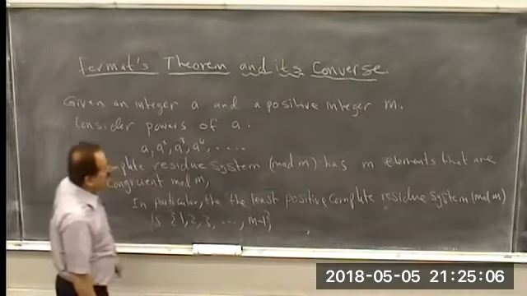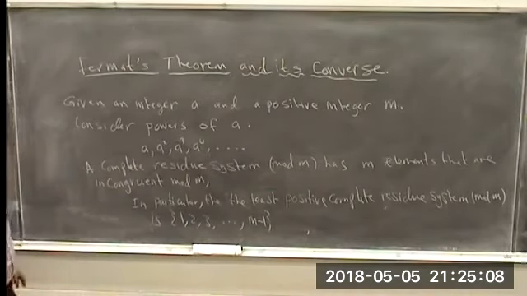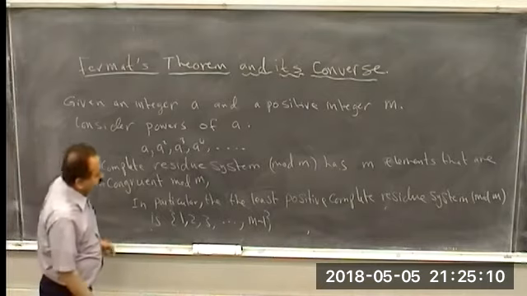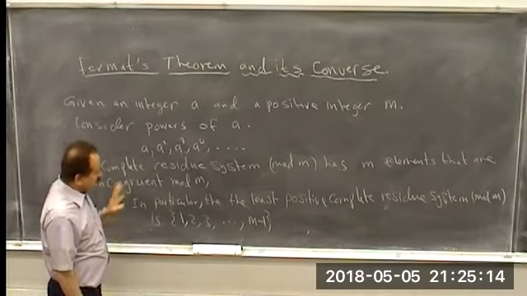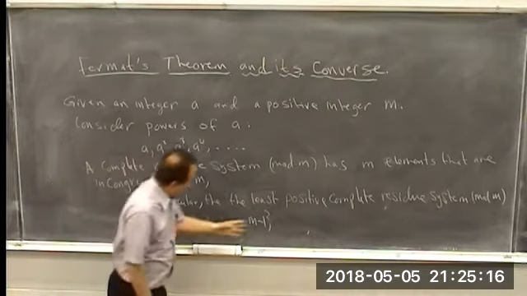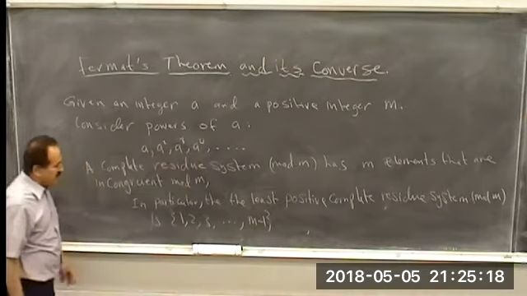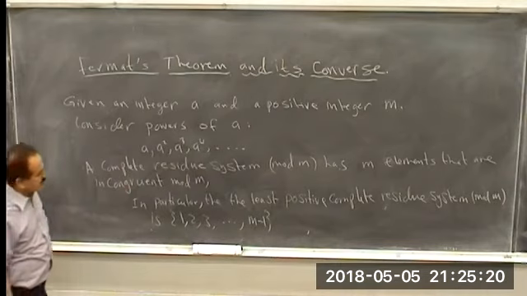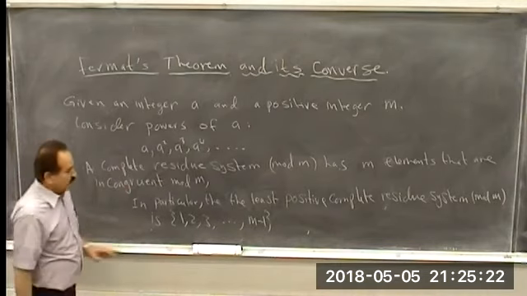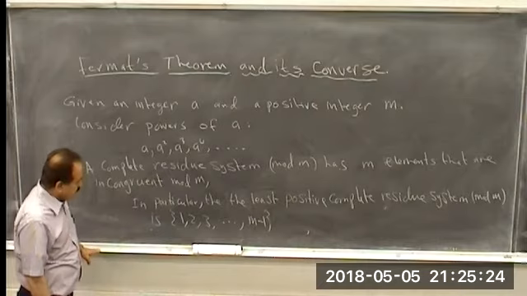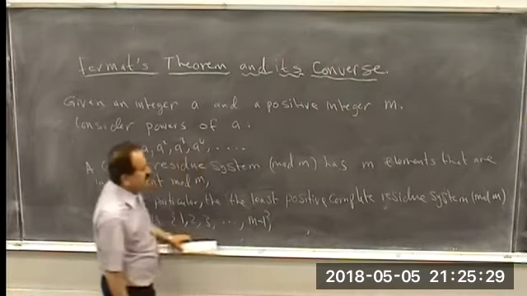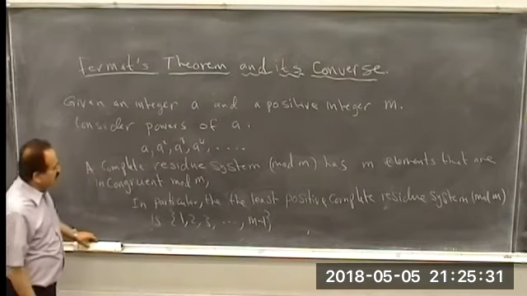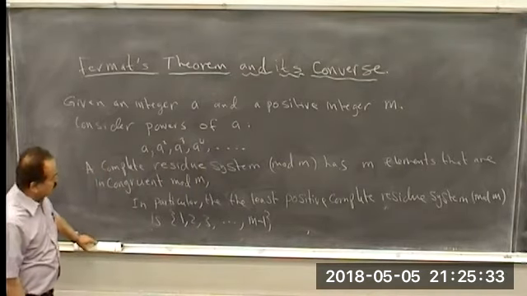Now, another fact we know about a complete residue system is that if you take any integer, it is going to be congruent to one and only one of these numbers in this system, or it could be 0. This is the case for any complete residue system.